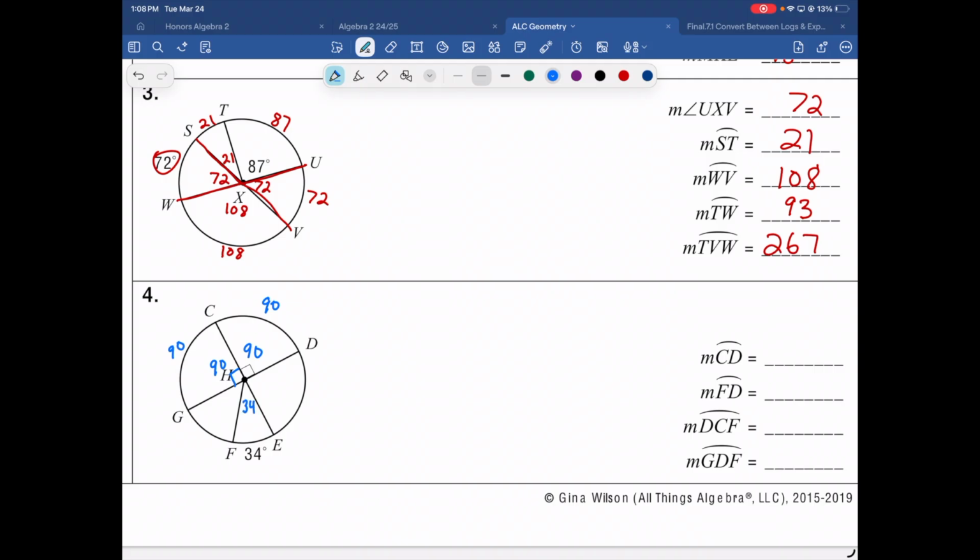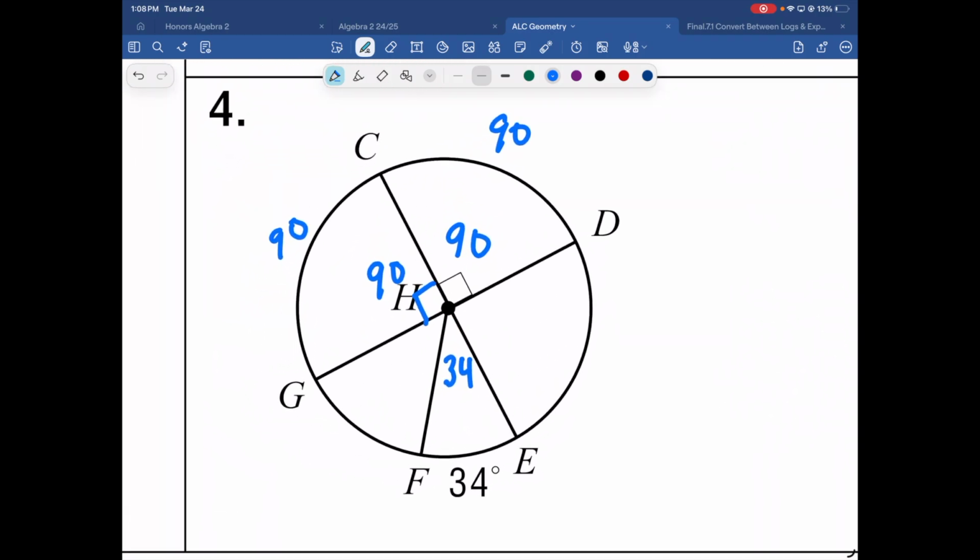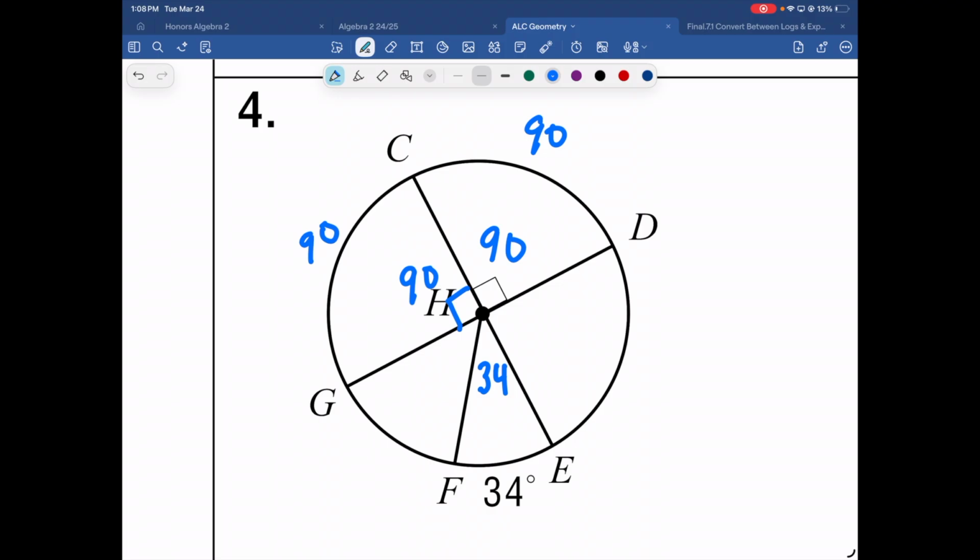G. Like this, right? Because the half, that's 180, what's the half of 180? 90, and it's the same, so 90.